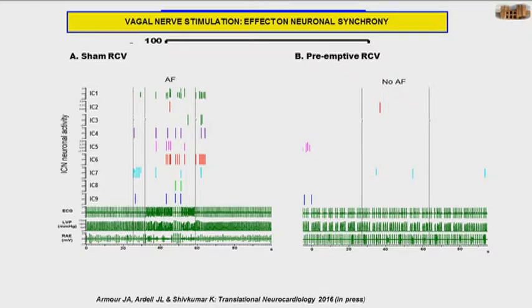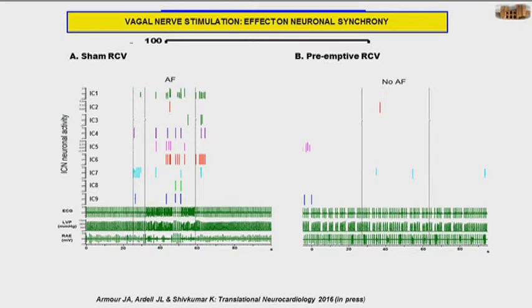One additional advance that has been made in the field, and this is data again coming from Dr. Ardell's work, is that when you record directly from the neurons on a beating heart and compare preemptive vagal stimulation, you can see that the neurons and the way they fire within the fat pad, this is the same fat pad where Botox was injected, right?